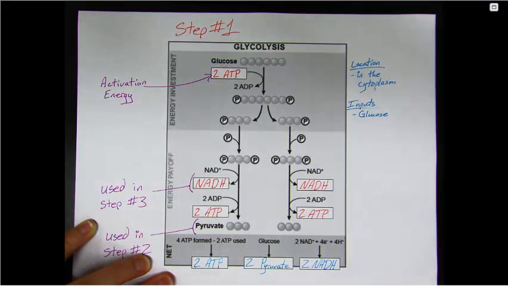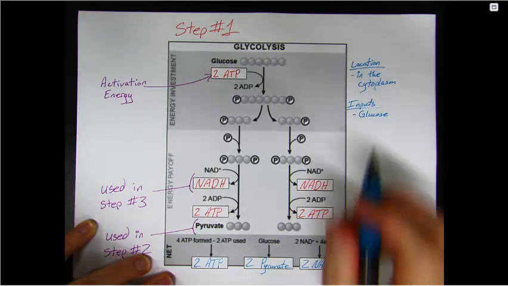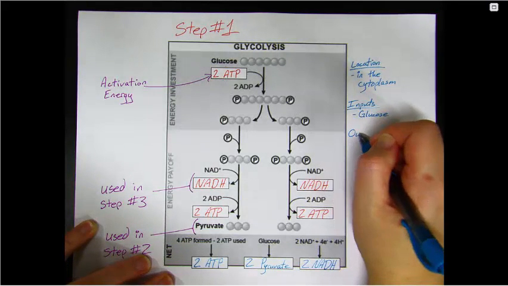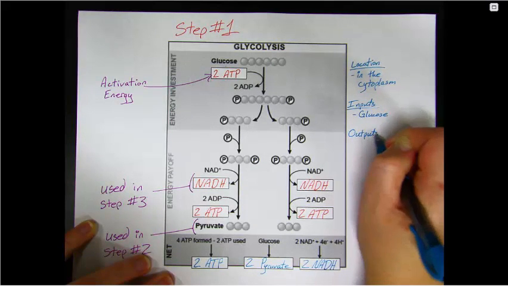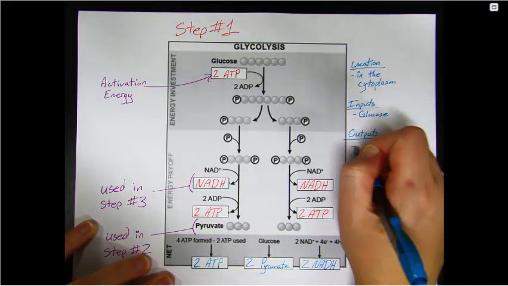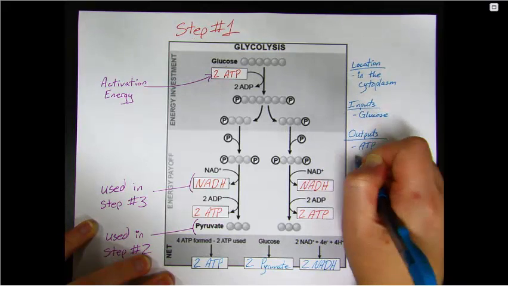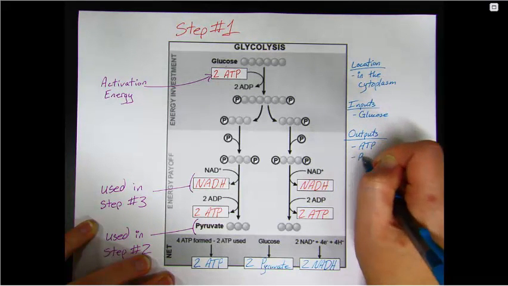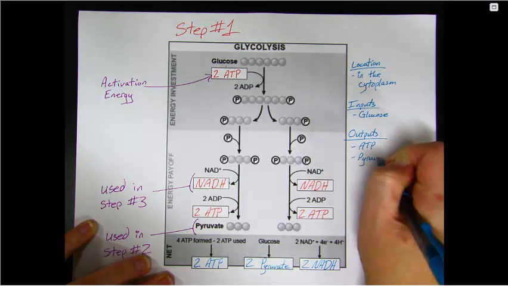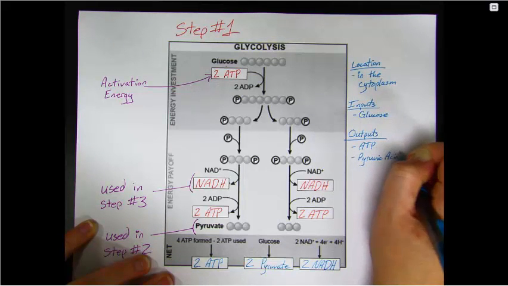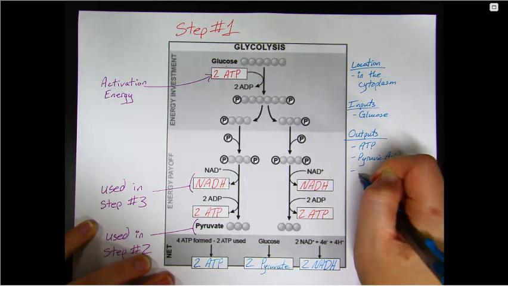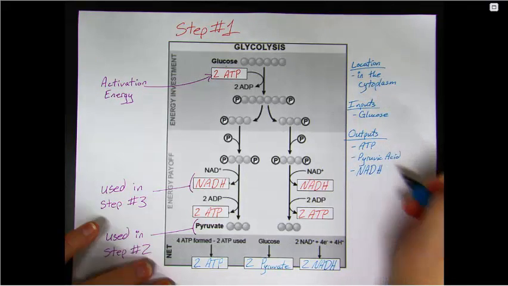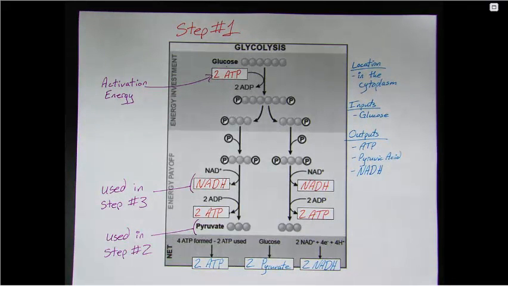That's the main one to be worried about in this instance. The output includes ATP, pyruvate or pyruvic acid, and a little bit of the high energy electron carriers of NADH.